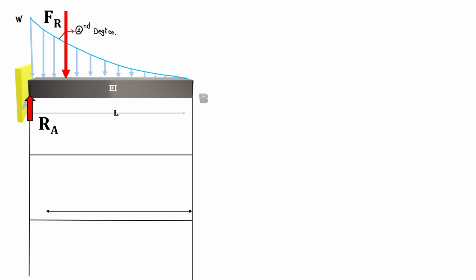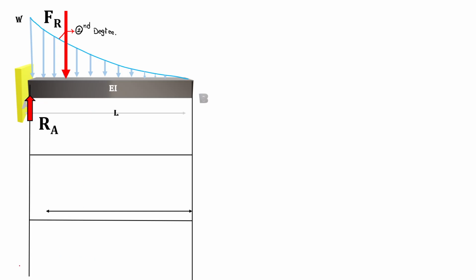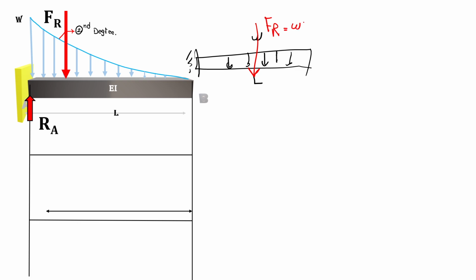So let's start a bit simpler here. If we have a cantilever beam handling a distributed loading of W with the length of L, we definitely know that our reaction, or resultant force, is simply WL.